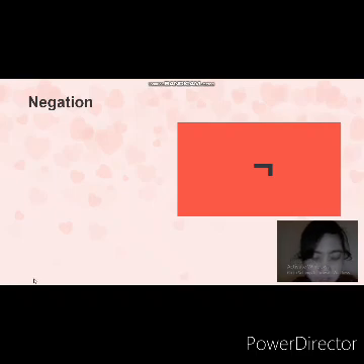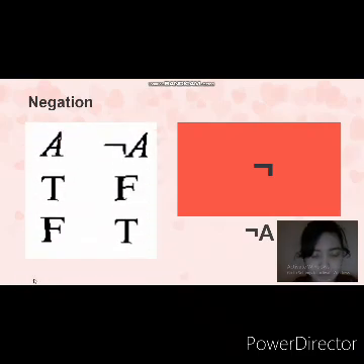Thus, if A is a sentence, then ¬A denotes the negation of A. The truth functional character of negation is made apparent in the following truth table. When A is true, the negation of A is false. When A is false, the negation of A is true. We use T and F to denote the truth values true and false.